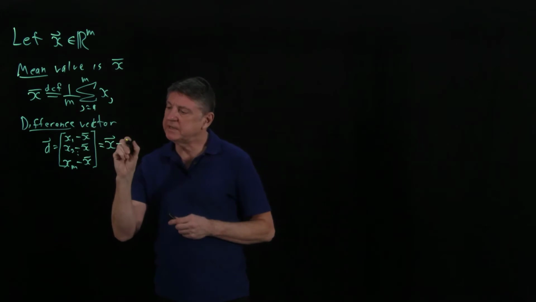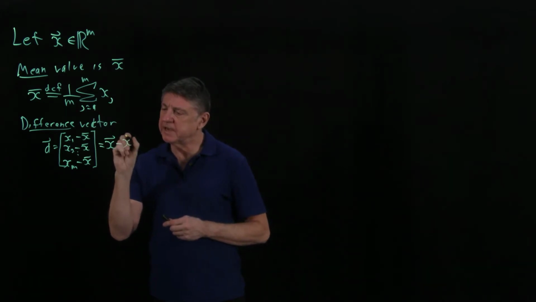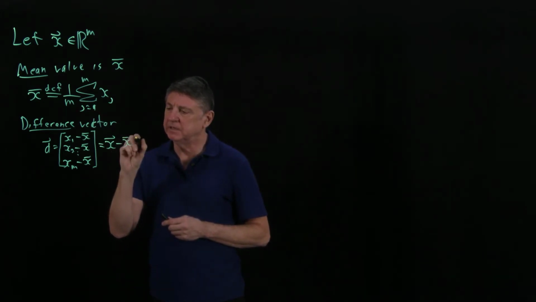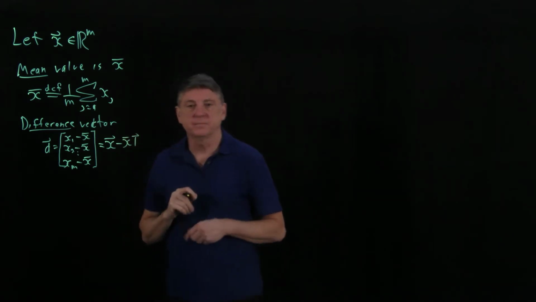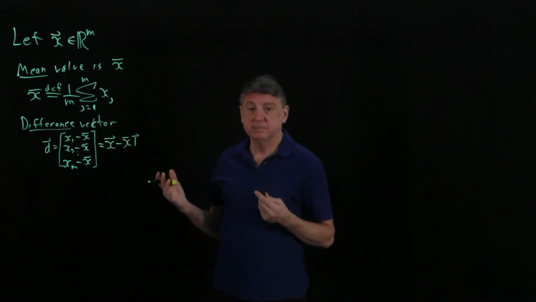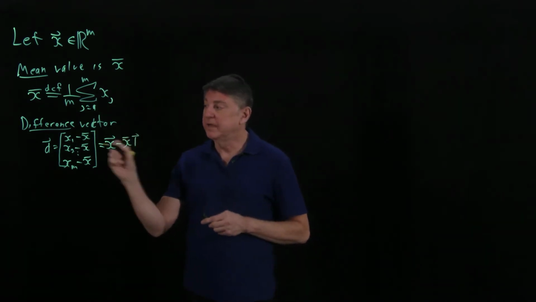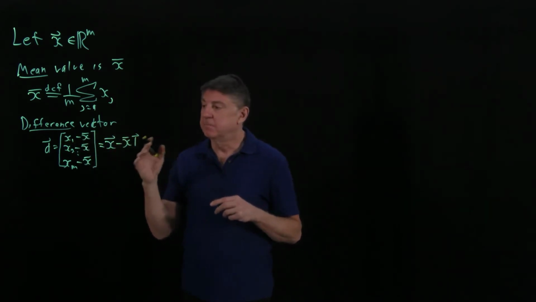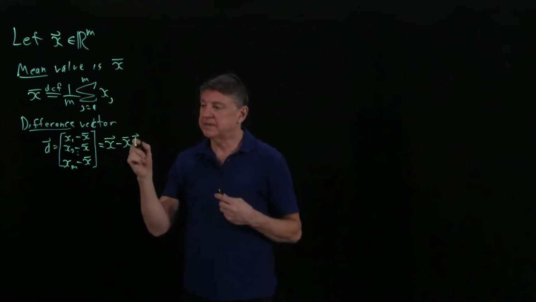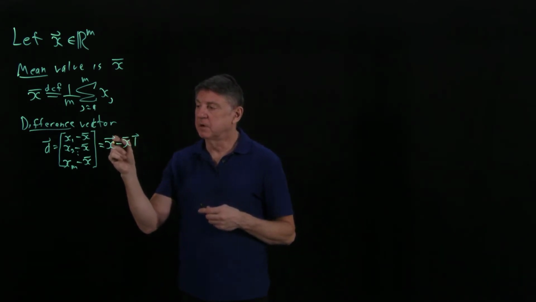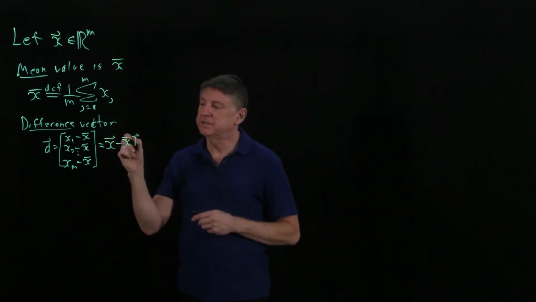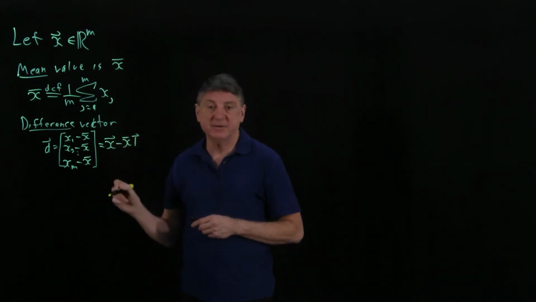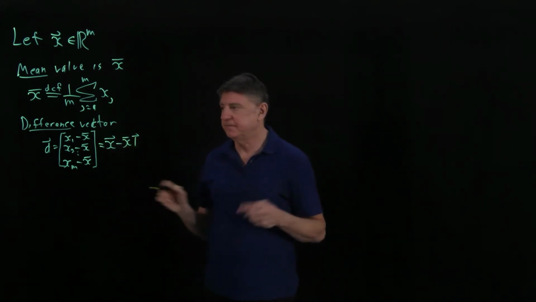So the way I would write that in linear algebra is the x mean times the ones vector. Now, if you go calculating things in MATLAB, all you have to do is say d equals x minus mean of x, and MATLAB will say, oh, you're subtracting a scalar from a vector, you must want me to subtract that scalar from every entry, and MATLAB will go ahead and do that.